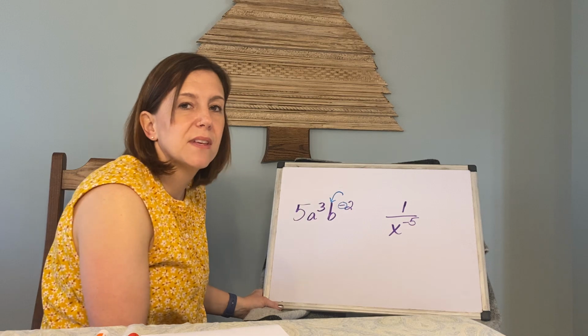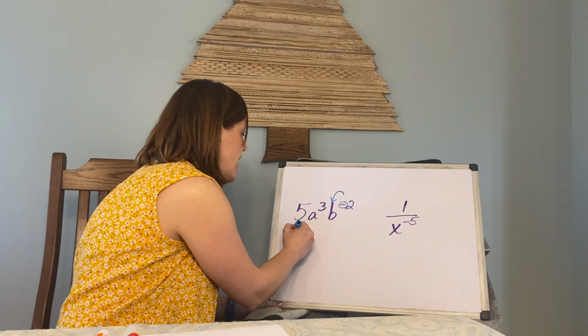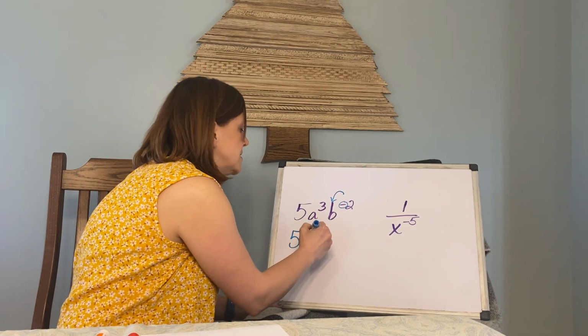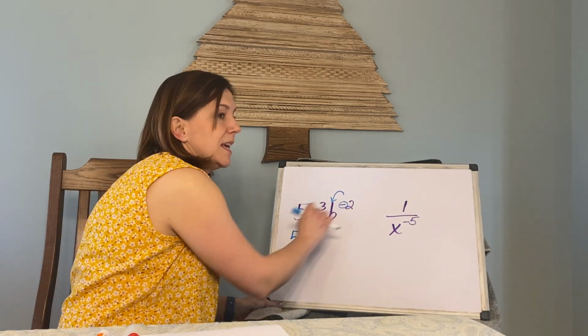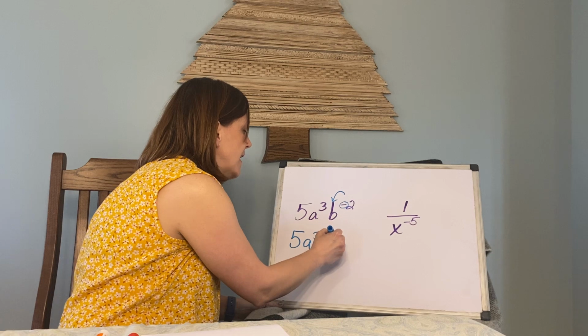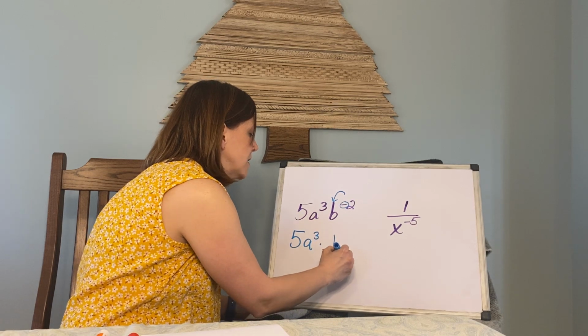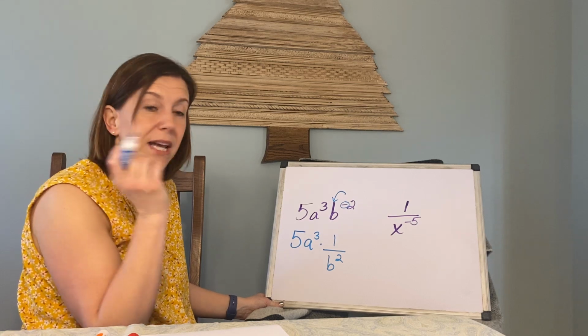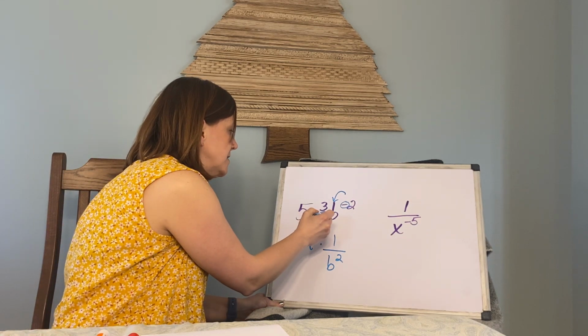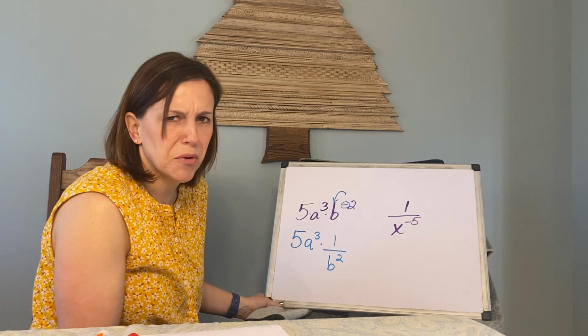So if I were to rewrite this, the first step, that 5 and that a cubed would stay the same. Then I would deal with this b to the negative 2nd. Well, I know that that is 1 over b squared. Because what operation's happening here? Multiplication. It's here and it's here. But we don't write that anymore.